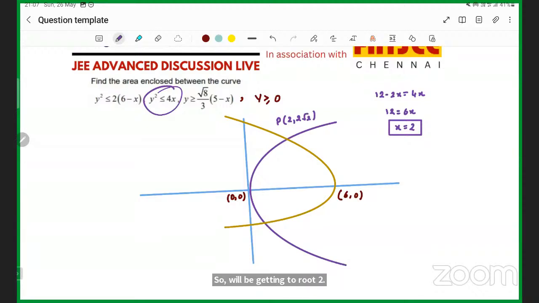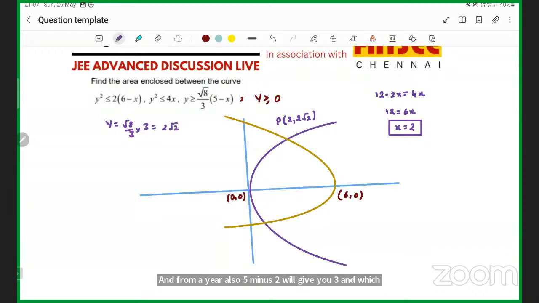Okay, so more or less we are done with the parabola part. Now the next interesting part is the straight line they have given us, which is y equals root 8 by 3 times (5 minus x). One thing we can observe is that if you substitute x equals 2, we get y equals root 8 by 3 times (5 minus 2), which is 3, giving 2 root 2.